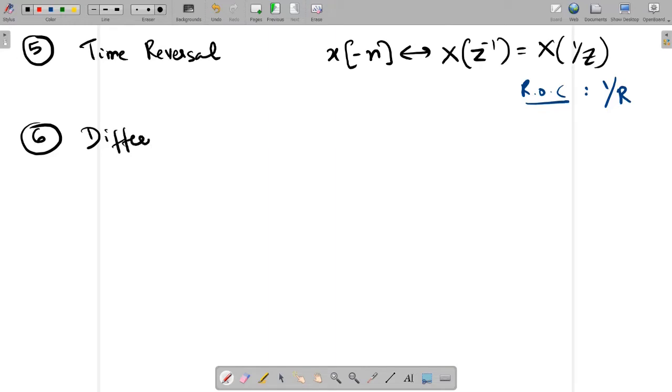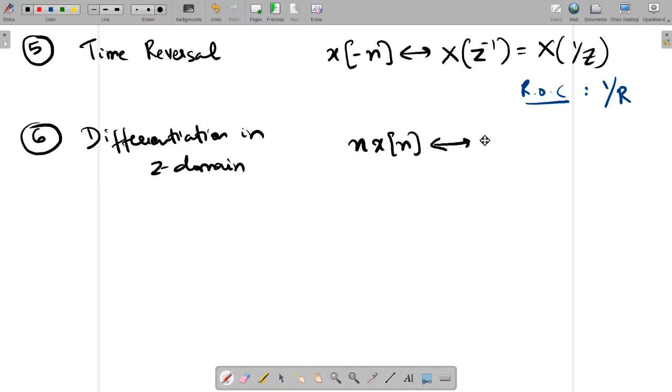Next property is differentiation in z domain. n times x of n gives us minus z d by dz of x of z. The ROC for this case is r.